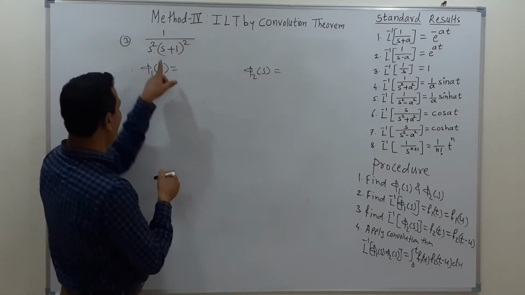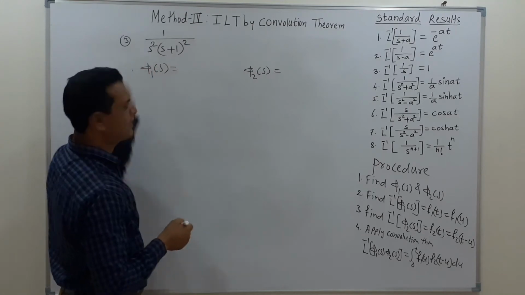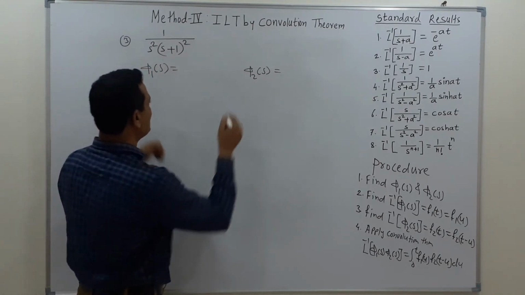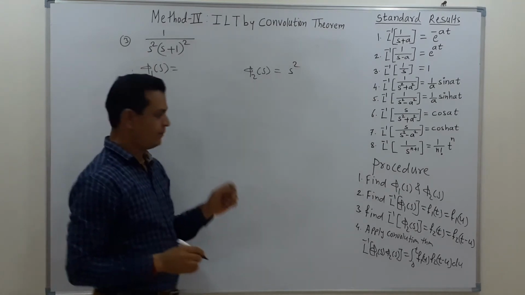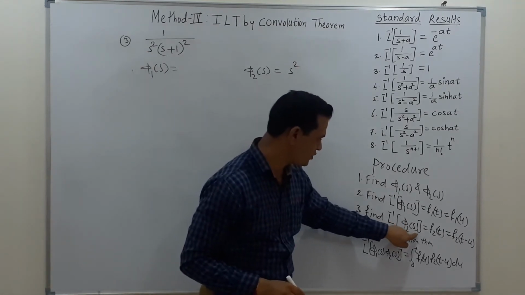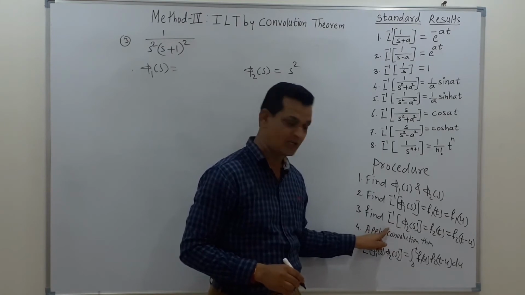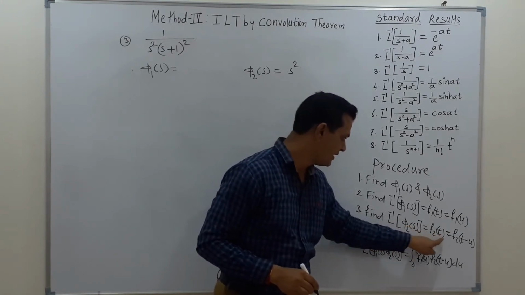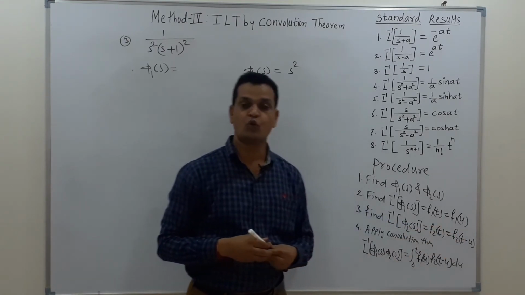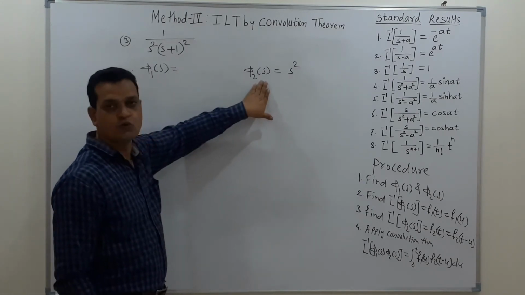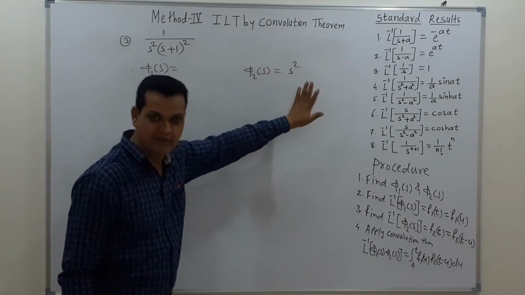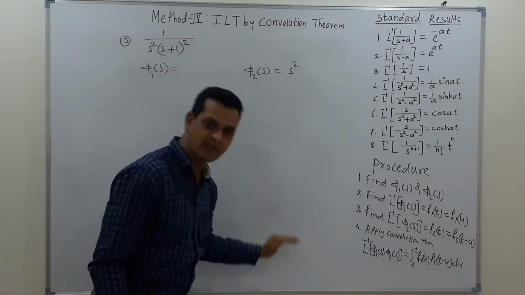Here the first factor is s plus 1 and the second is s, so we will choose phi 2 as 1 upon s square. Why? Because in the phi 2 term, after finding its inverse Laplace transformation, we are replacing t by t minus u. To avoid complicated calculation, choose the value of phi 2 in such a way that we get the calculation in a simple way.